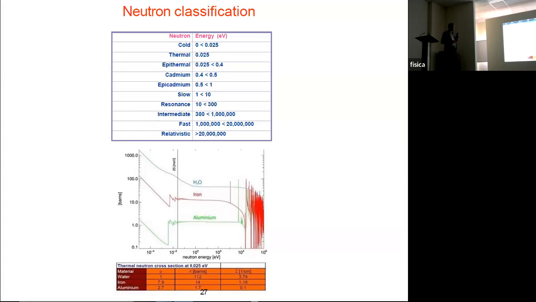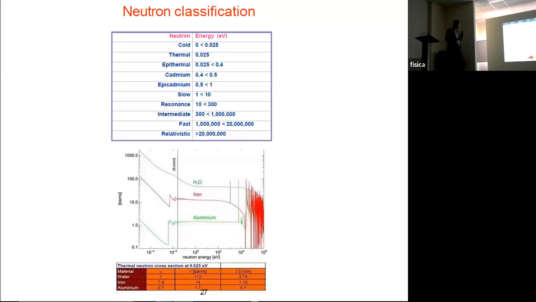I'm talking about the behavior of neutrons and how they interact with matter. You can see a typical graph here, with barns as the unit of neutron cross section, and neutron energy. You can see that the cross section decreases in this energy region, then has a horizontal part, and then has some peaks in the spectrum for some elements.